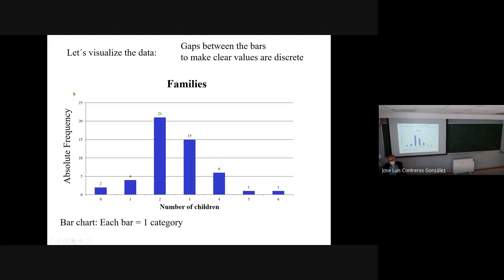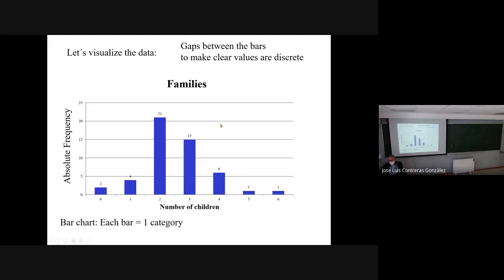You have to specify which one, of course. And you should leave gaps between the bars to show that you are not giving the relative frequency for 1.5 children, which has no sense. So there should be holes between the bars.